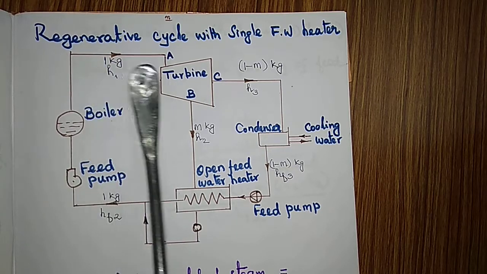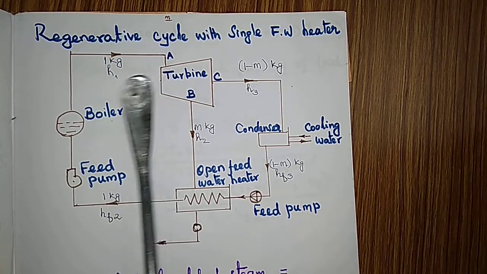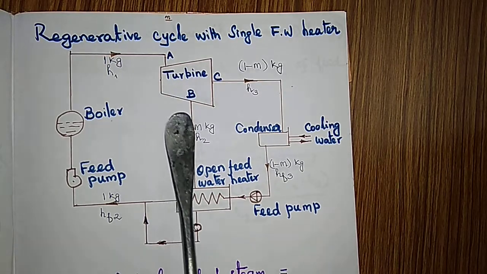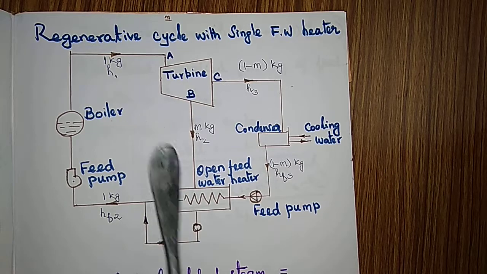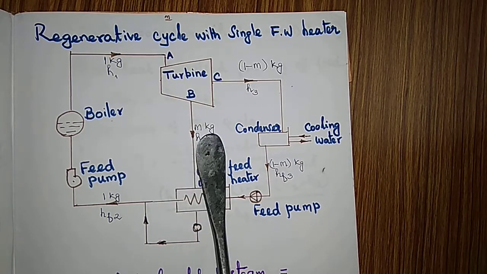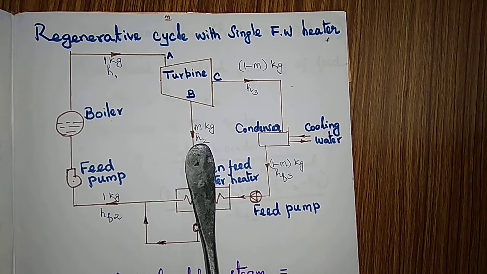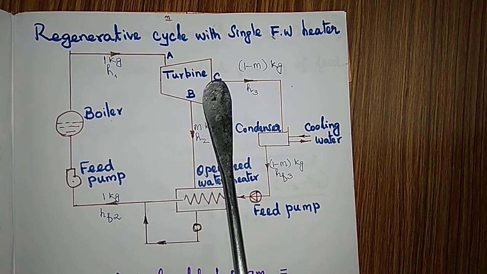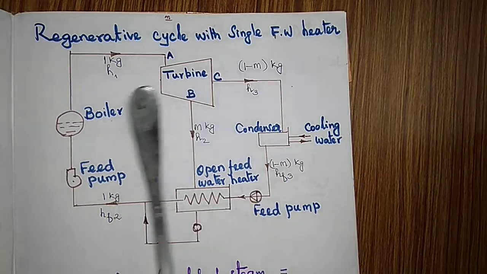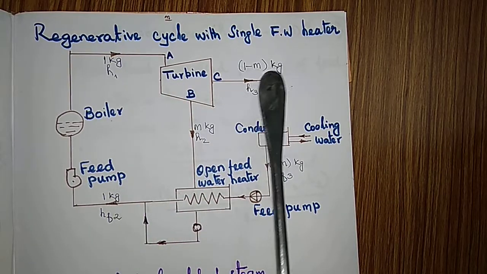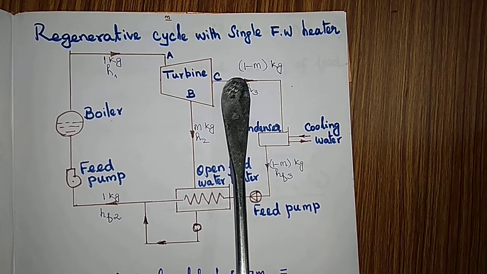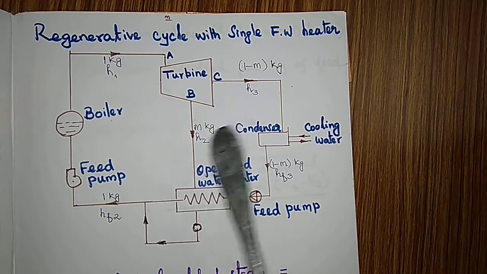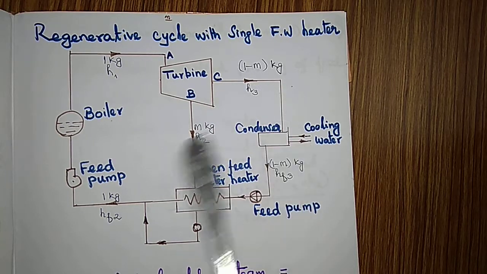So here 1 kg of steam at enthalpy H1 is entering the turbine, and at B, m kg of steam is bled, which is at an enthalpy of H2, and in the final stage you will find 1 minus m kg of steam, the exhaust steam at enthalpy H3, going into the condenser.